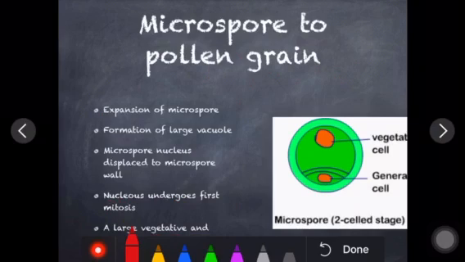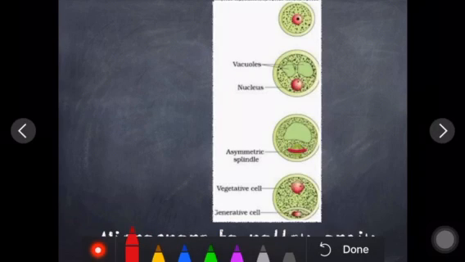How? Basically the heading we can write is microspore to pollen grain. So what will happen? First, expansion of the microspore will be there. When the microspore is going to change into the pollen grain, then we'll talk about how the vegetative cell takes in the generative cell.